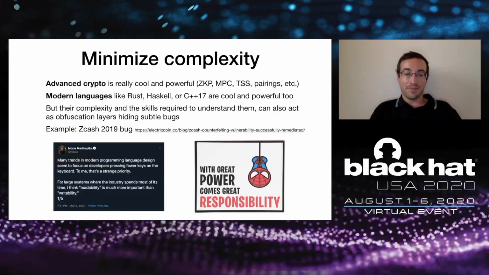So to conclude, we would like to share some general advice to help you avoid the kind of security problem that Omer just described. First of all, minimize complexity. It's quite commonplace in security, and of course easier said than done, but it's still important as it's the source of a lot of headaches and wasted time, at least from my perspective as a security auditor.